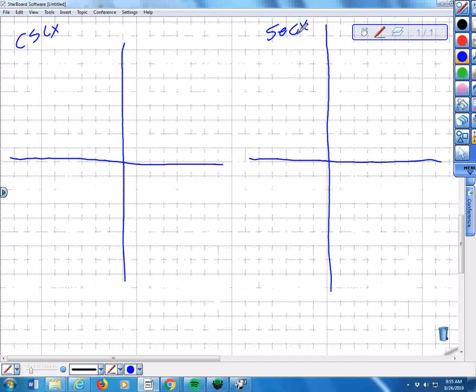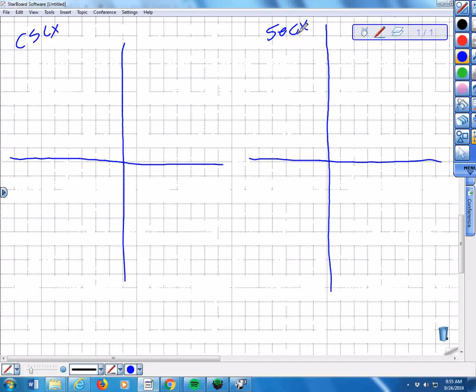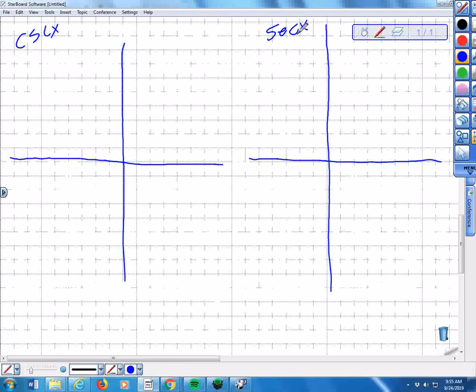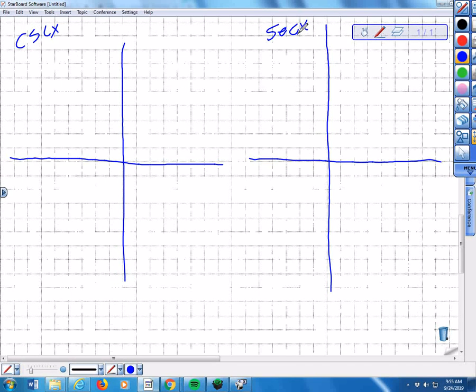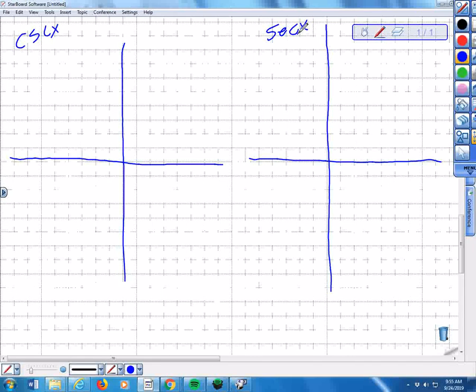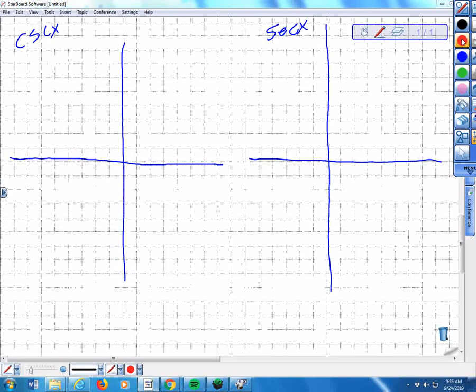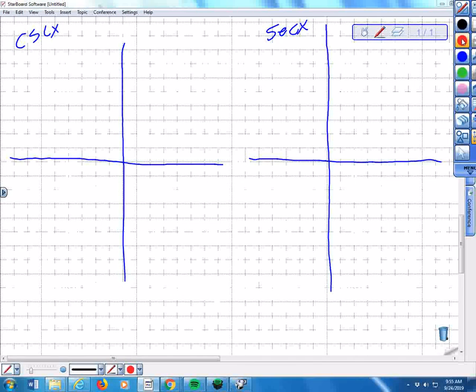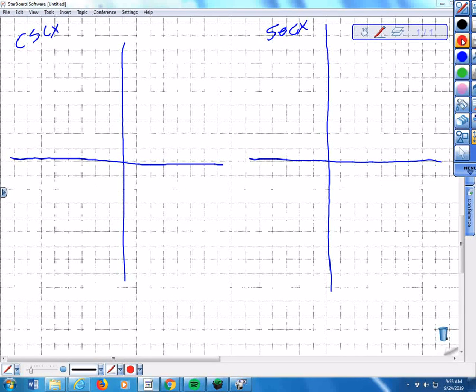What is cosecant? 1 over sine. So anywhere sine is 0, cosecant will be undefined. Where is sine 0 again? Think about your unit circle. Where's y 0? 0, pi, 2 pi, 3 pi, and so on.